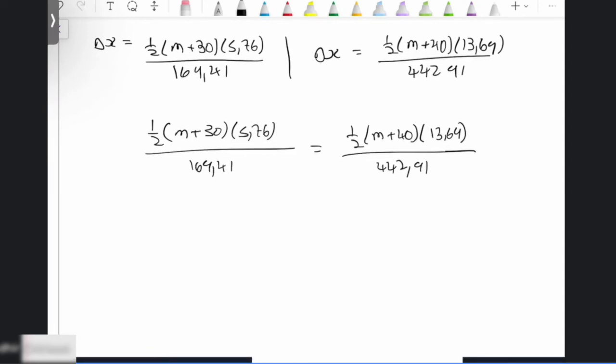All we're going to do from here is cross multiply and solve for it. So, guys, you can sort that out. Immediately, you can just divide both sides by a half because you can get rid of it that way, and then we can work with it from there.